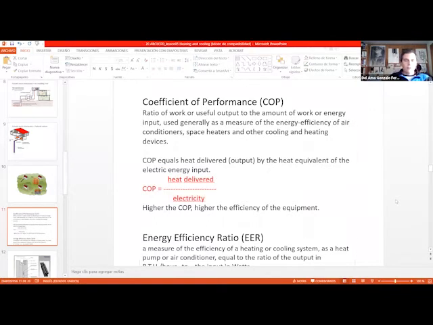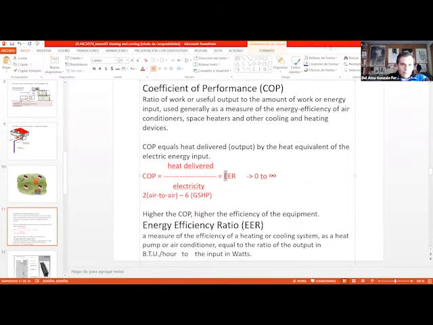That is the definition of COP, and the other coefficient is the EER. So it's the relationship between the thermal heat that we deliver outside the house and the electricity that we need to run the heat pump.